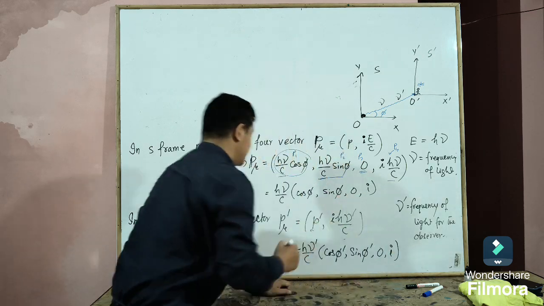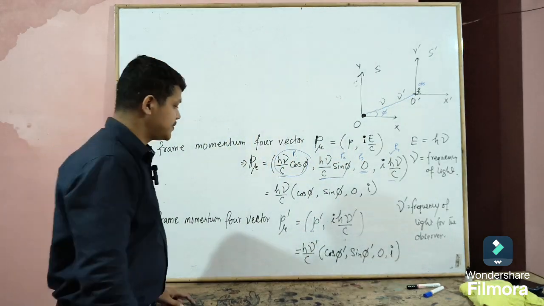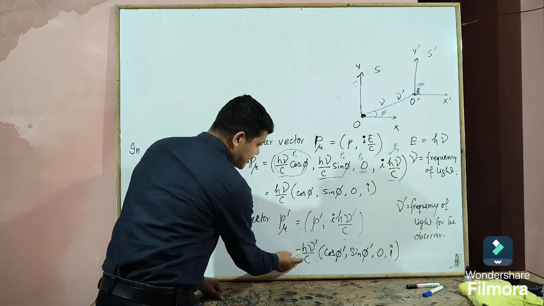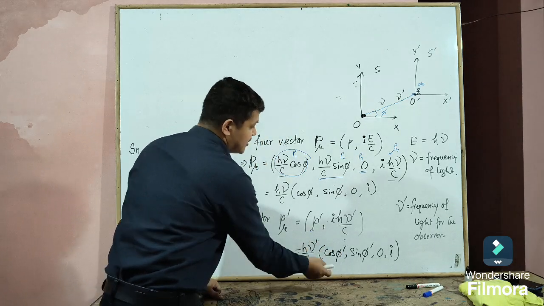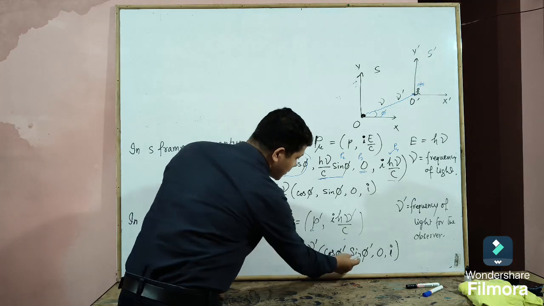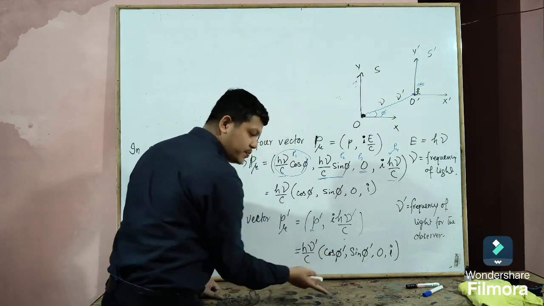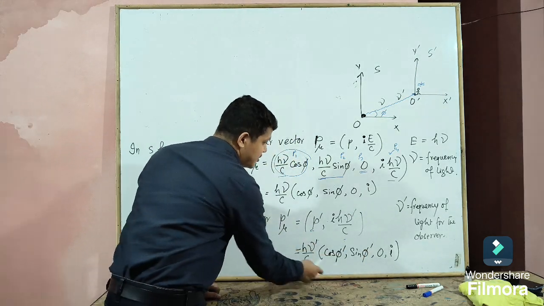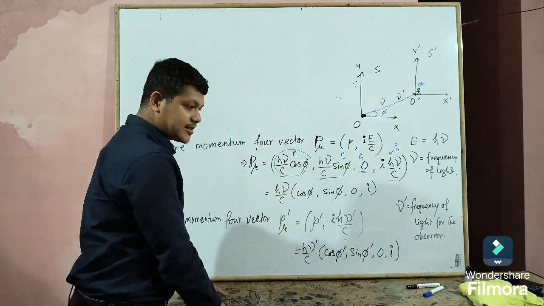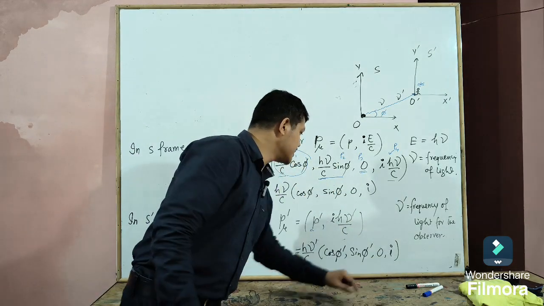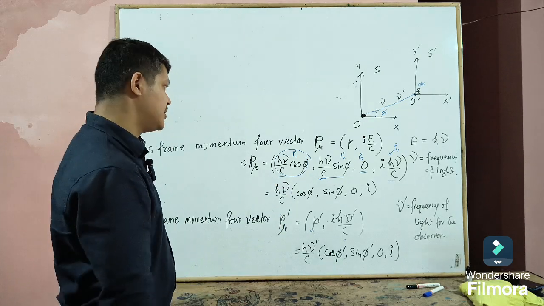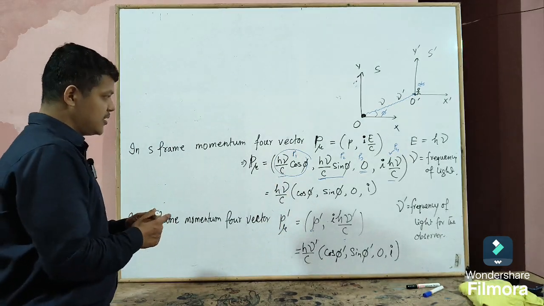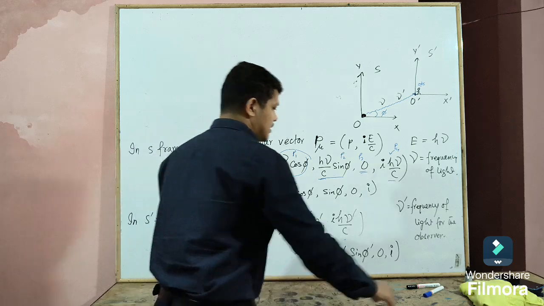That's what you're gonna have, right? So this one into cos phi dash is here p1 dash, and this part into sin phi dash is p2 dash, and this one into 0 is going to be p3 dash, and this one into i is going to be your p4 dash, right? So hope you have understood this, right?